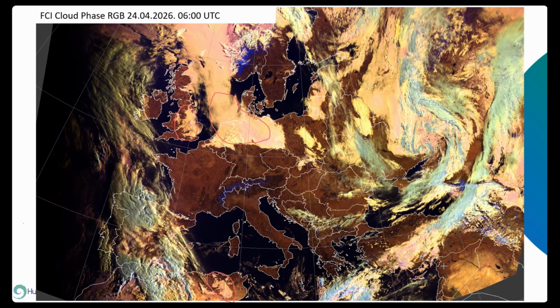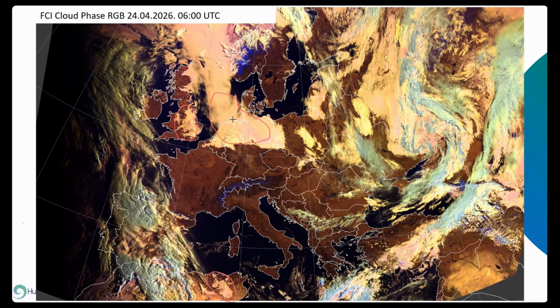And in this cloud phase RGB, this is a kind of new RGB with the FCI, which is not so new anymore, we are also able to see the phase of the clouds. We can discriminate between ice clouds and water clouds. So the ice clouds we can see with the cyan color, and we can see the water clouds in different color.